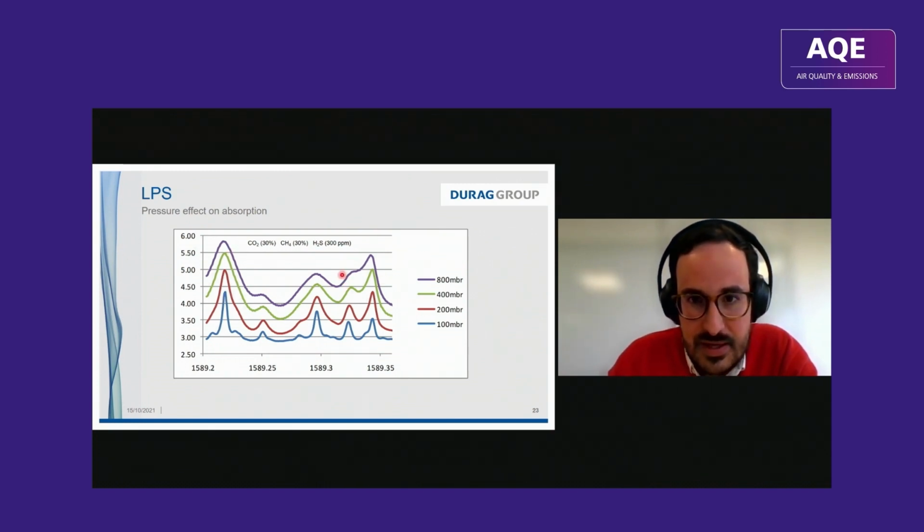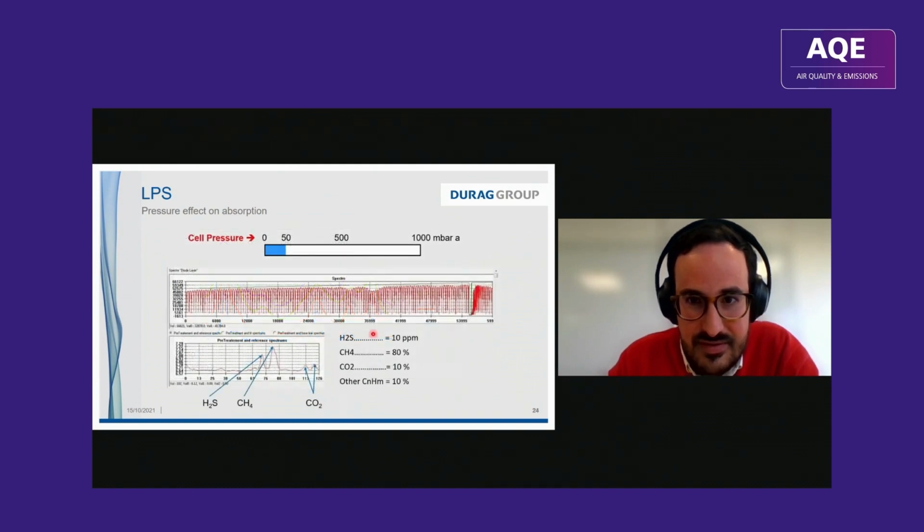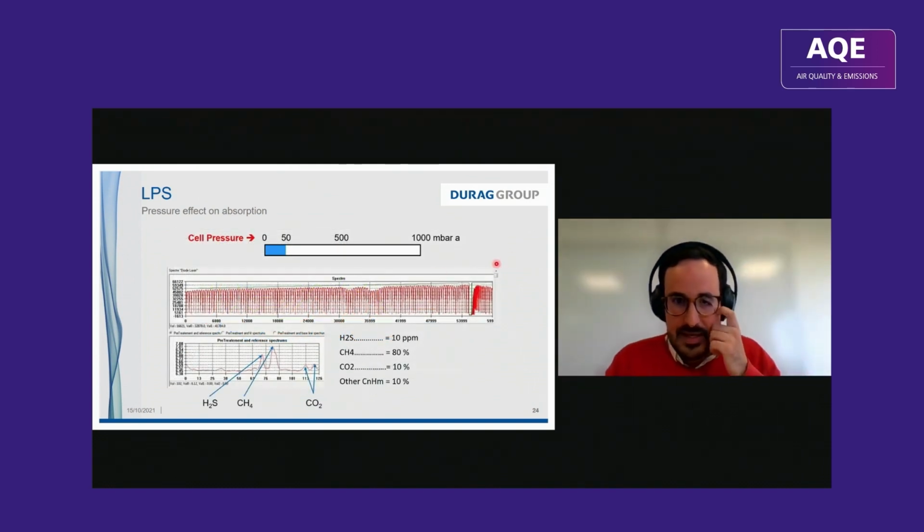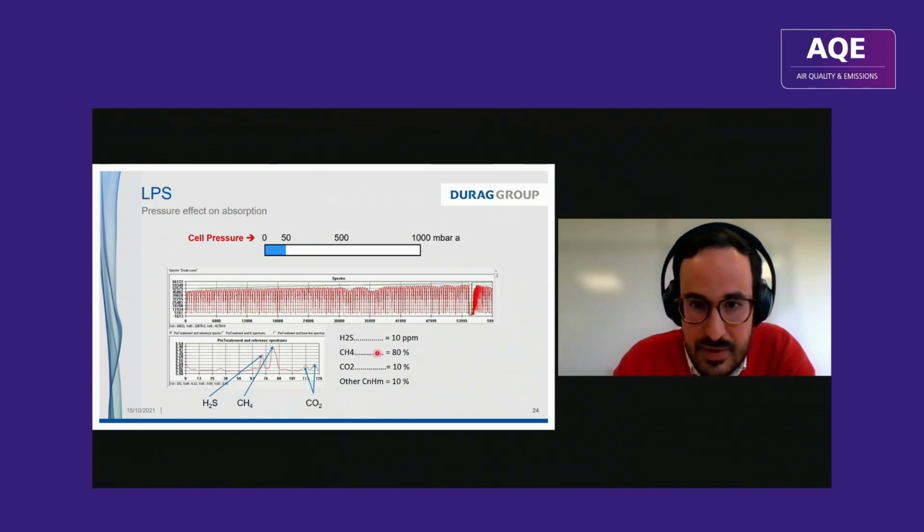So for example, those two peaks are together at 800 millibar, and when they are at 100 millibar, they are separate from each other. So just to give you a live simulation, and I hope the window will work. Here we are measuring H2S in a biogas application. We have our H2S peak on the left side.